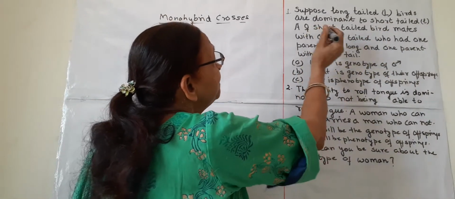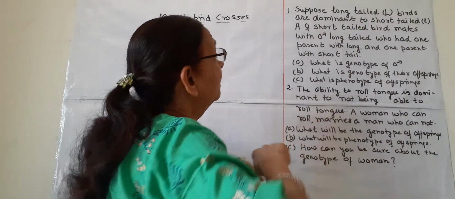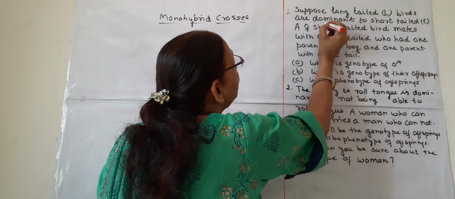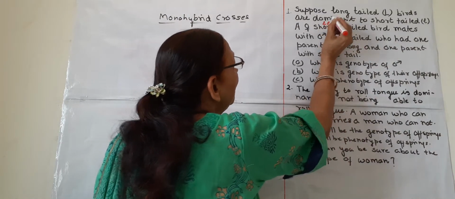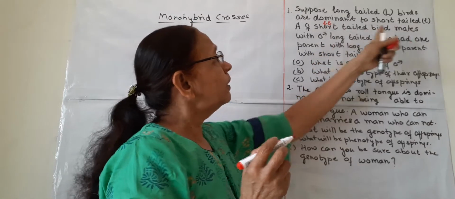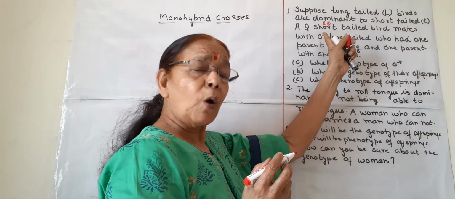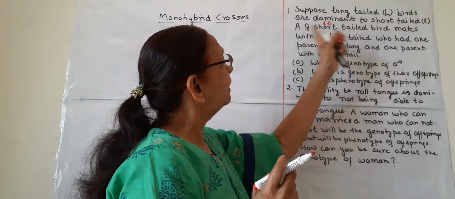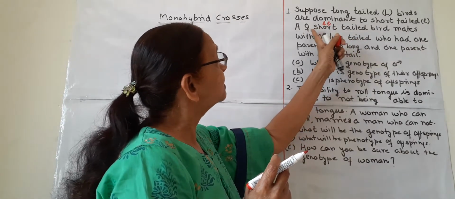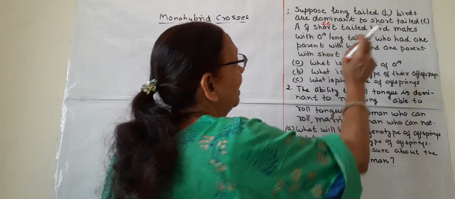So if a female is short-tailed, the genotype can only be small l, because if capital L is present, then it will be long-tailed. So the genotype of this female bird will be small l.